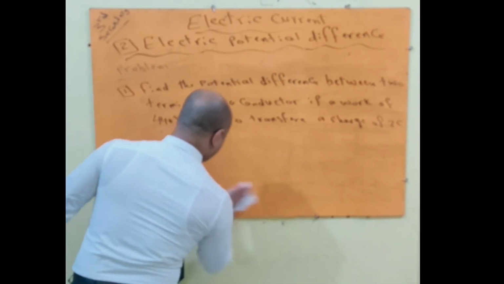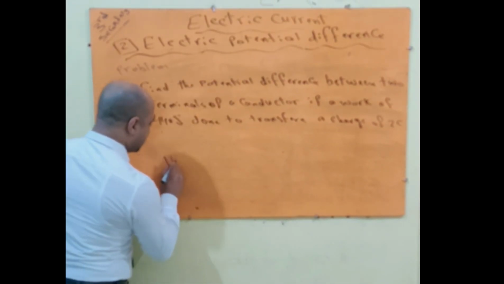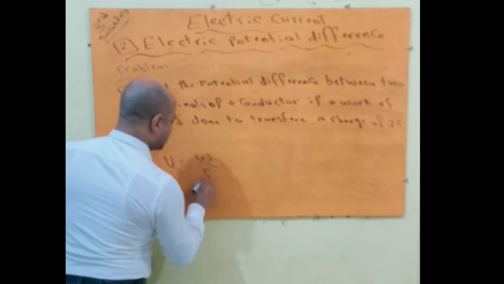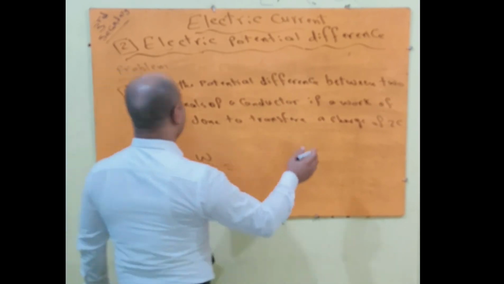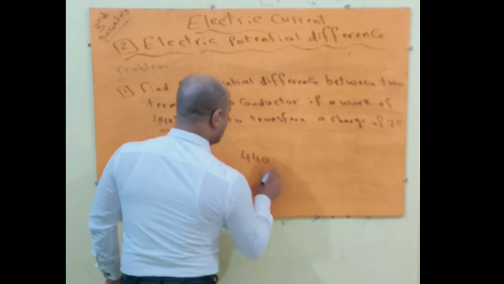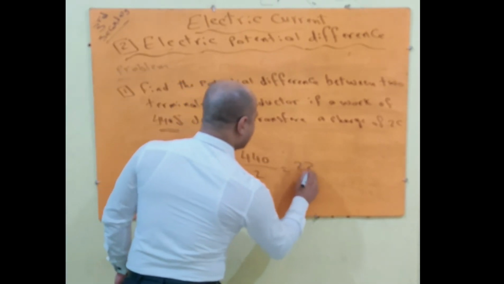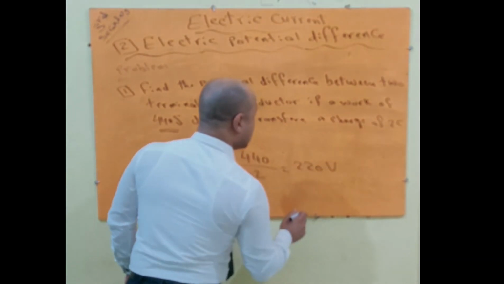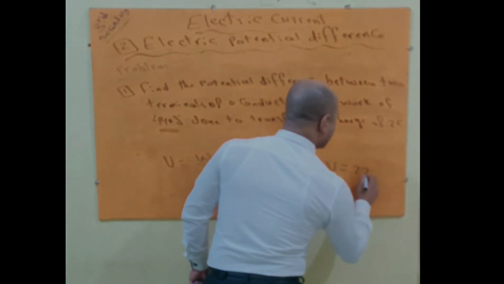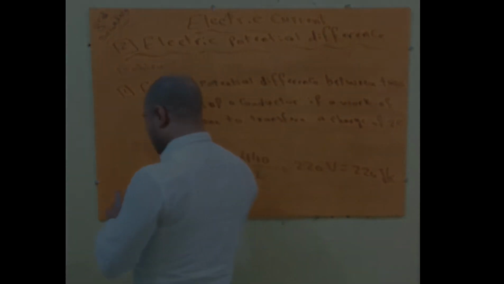Okay, we said that V equals what? Potential difference equals work over Q. So we have work, 440 joules, divided by 2 coulombs, equals 220 volts. Or we can say 220 joule per coulomb. Okay? Thank you.